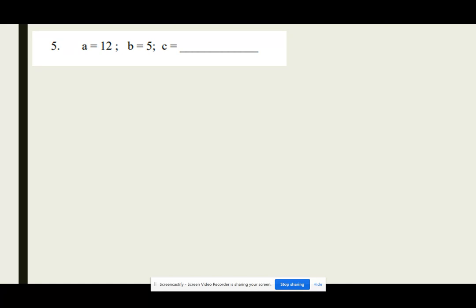Okay, in numbers 5 through 6, I believe 5 through 6 or 5 through 8, they do not give us the picture. They just give us the letters, which is fine because we already know the equation. So in this case, A is 12, so we can say 12 squared. B is 5. And C is our missing piece.